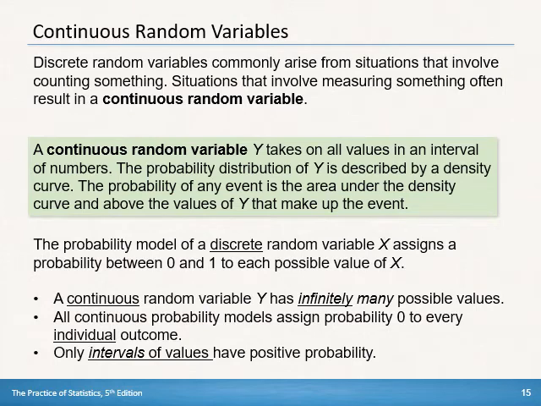All right, so a couple of things we need to know about the probability model of a discrete random variable. When we're dealing with discrete random variables, X assigns a probability between 0 and 1 for each value of X. And so for a continuous one, now we're just going to call it Y to differentiate it from the X, which was the variable we were using for discrete.